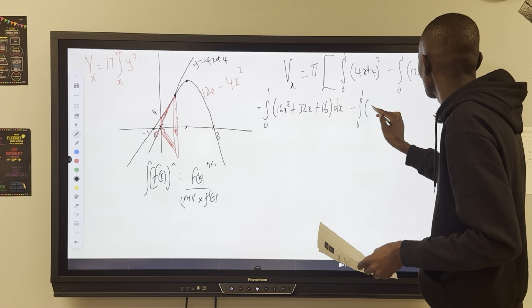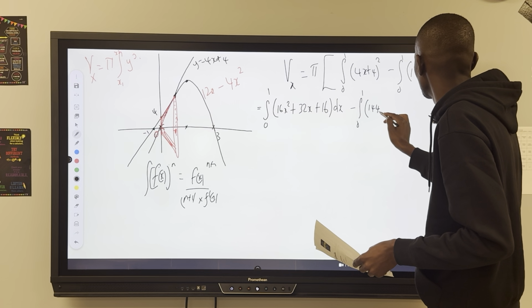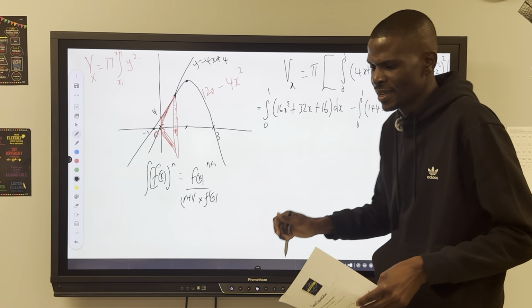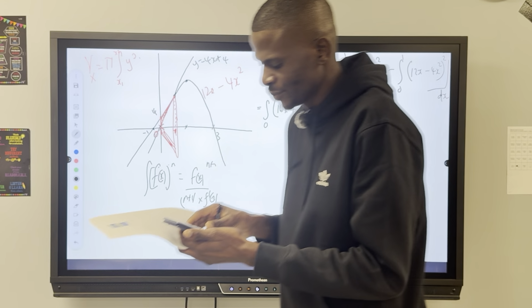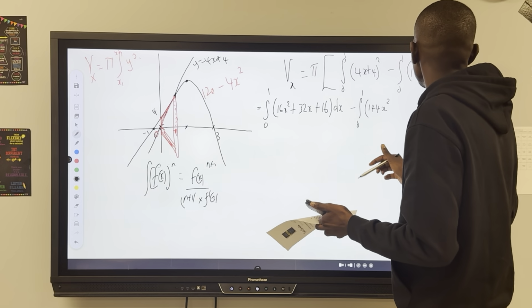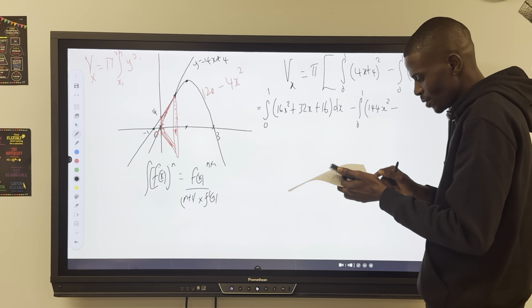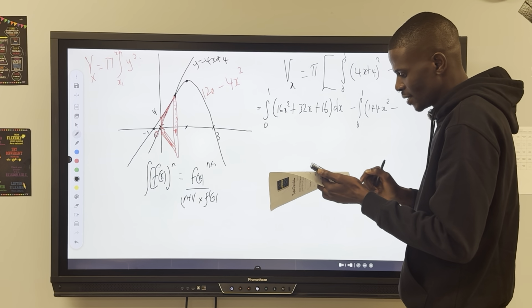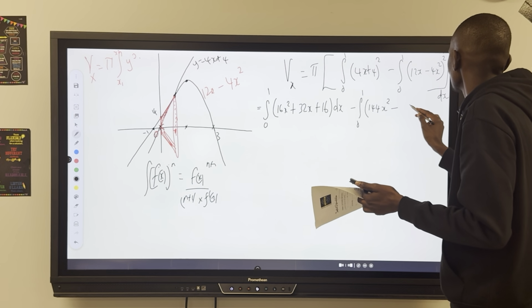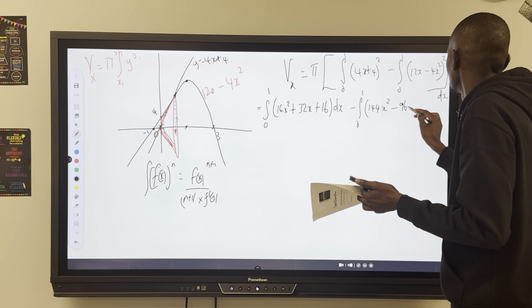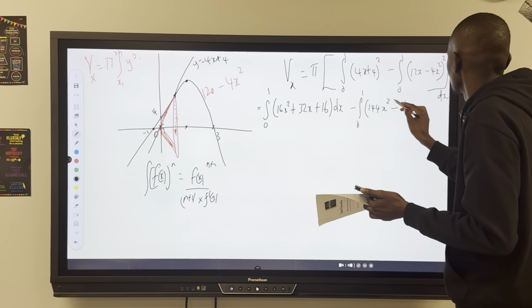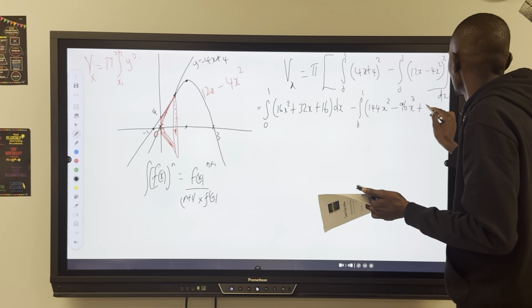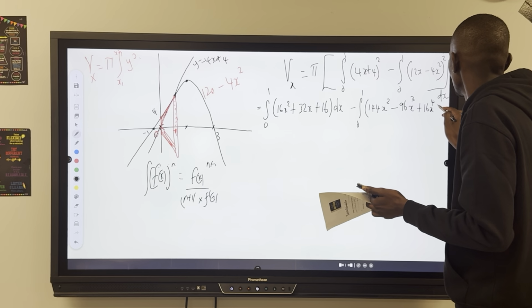That squared, 12 squared is 144x squared, minus 2 times 12 times 4, which is 96x cubed, plus the last term squared here.